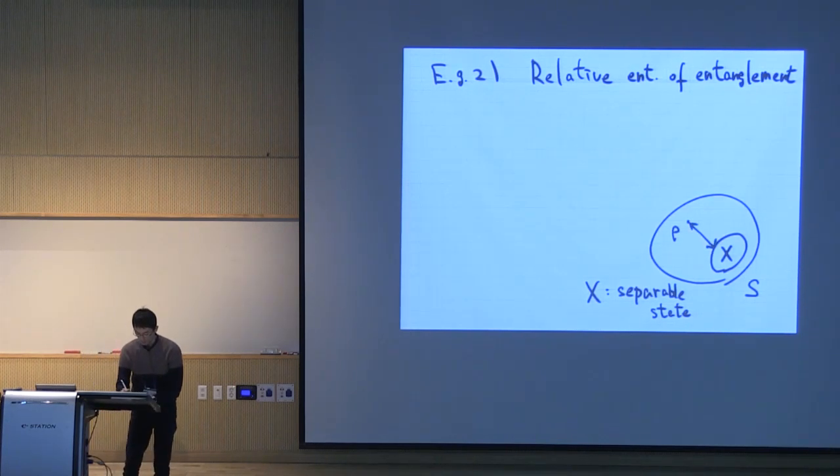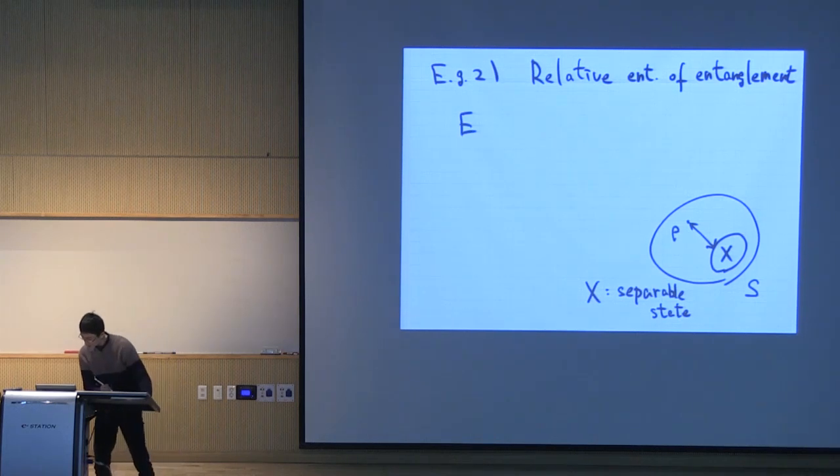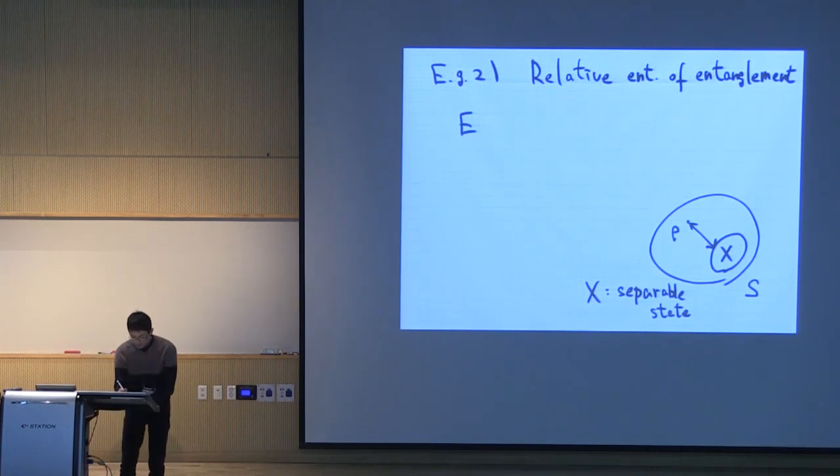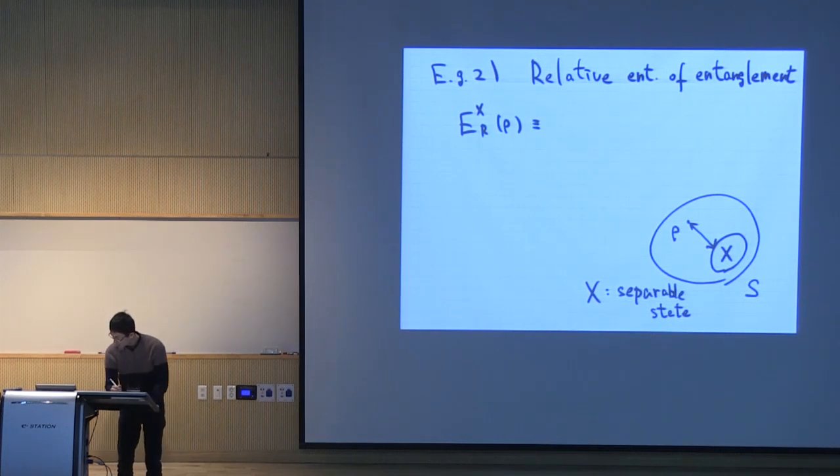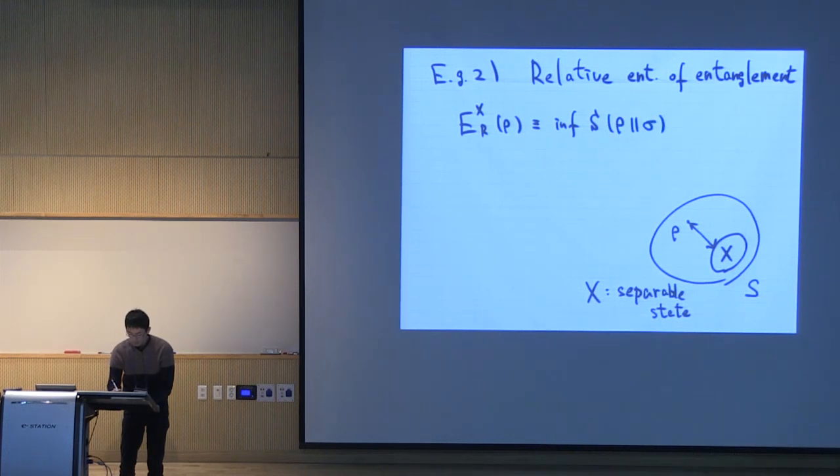Now I'm going to define the relative entropy of entanglement. It is defined by taking the infimum of the relative entropy between rho and sigma, where sigma ranges over the separable states.